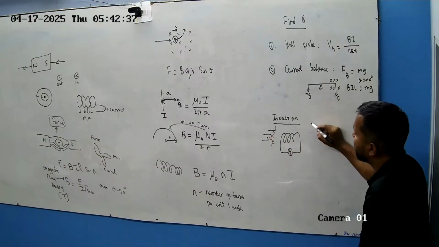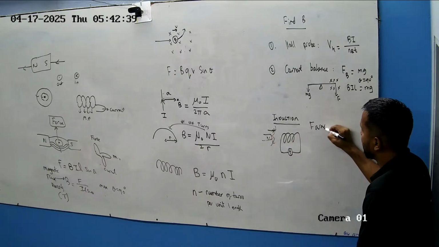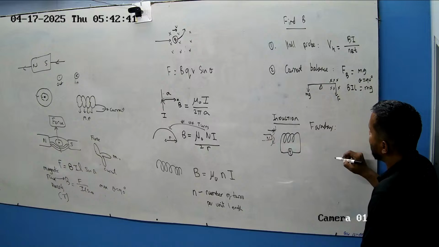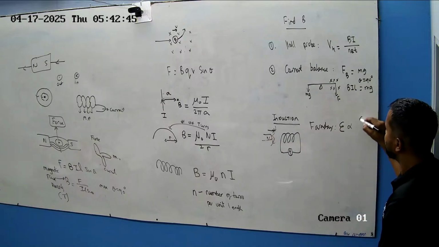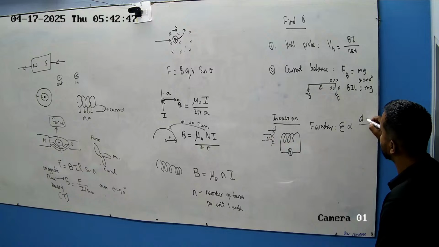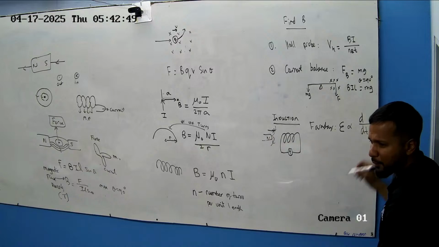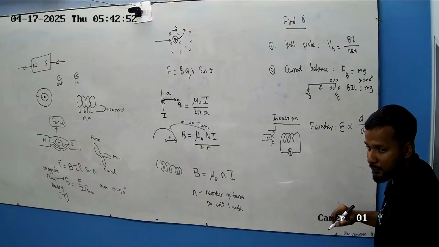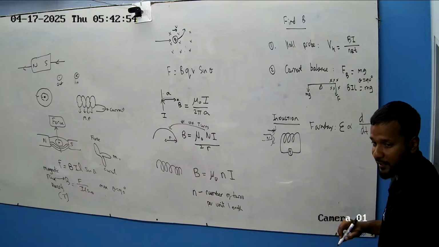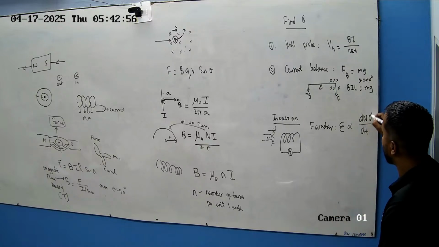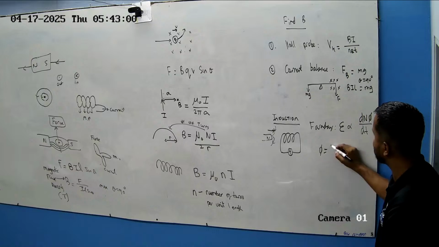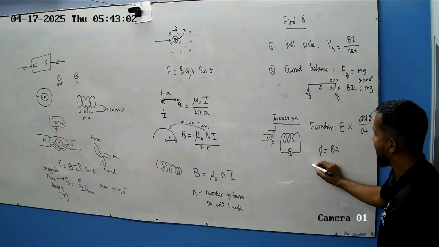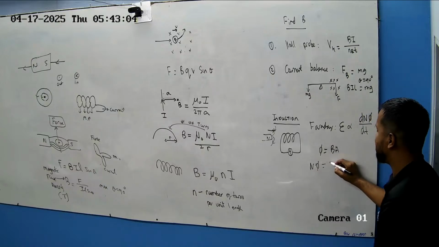And Faraday said that the EMF induced is proportional to the rate at which we cut something. Remember what it is? Magnetic flux linkage. Very good. Magnetic flux is B times A, and N times this is magnetic flux linkage.